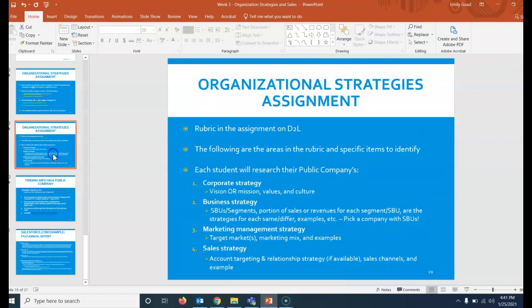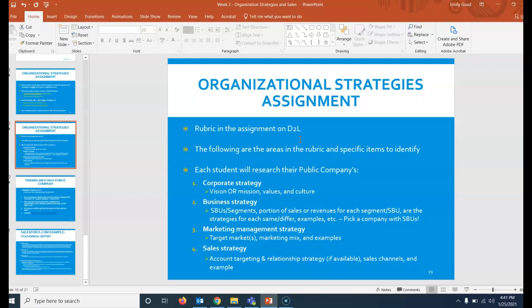So backing up, the specific areas of the assignment are, one, the corporate strategy: vision or mission, values, culture. Then their business strategy: their strategic business units, or sometimes they're called segments, portion of sales or revenues for each segment, and then are the strategies for each the same or do they differ?